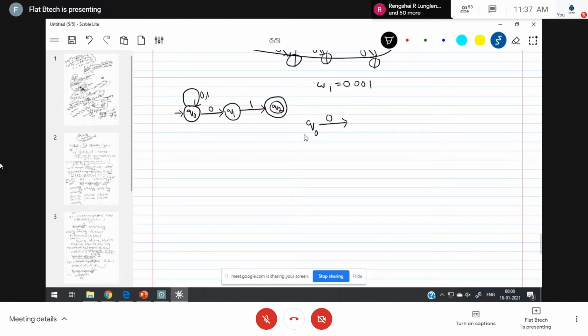So this one 0, this one 0, this one 0, this one 1. And then Q naught, we have two options: Q naught, Q1, 0. This is again Q naught, Q1.